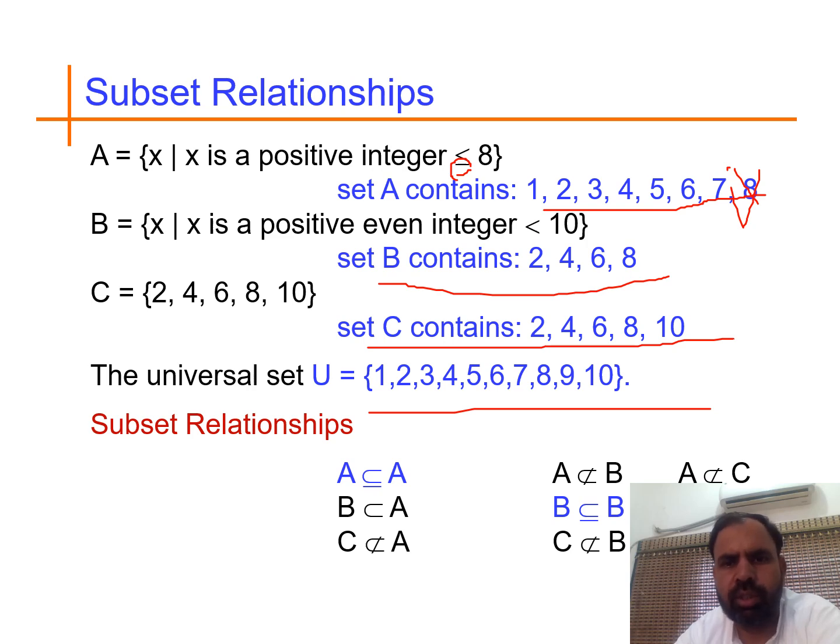So subset relationships, if we write from these sets: A is a subset of itself, every set is a subset of itself.